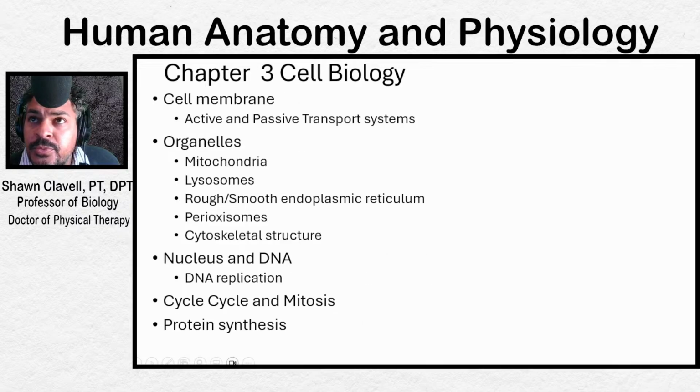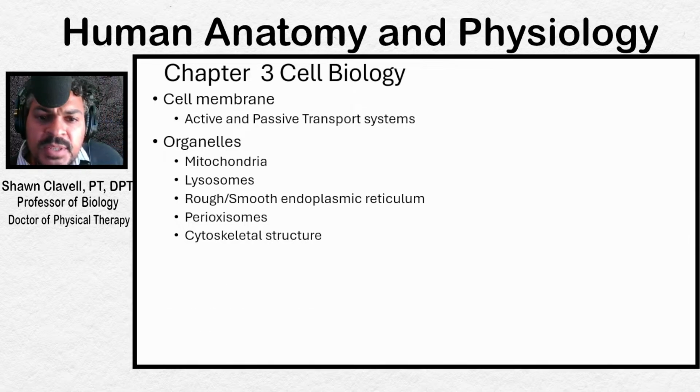In Chapter 3, we talked about some of that cell biology. When we talk about cell biology, the first thing we talk about is the cell membrane. Let me do a little something here because I'm going to delve a little bit further.